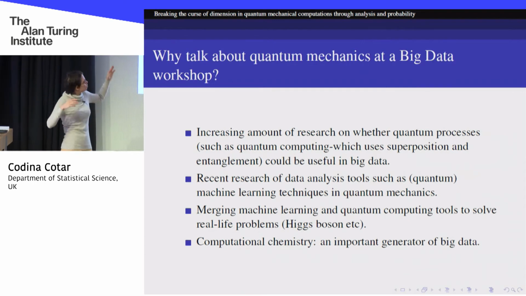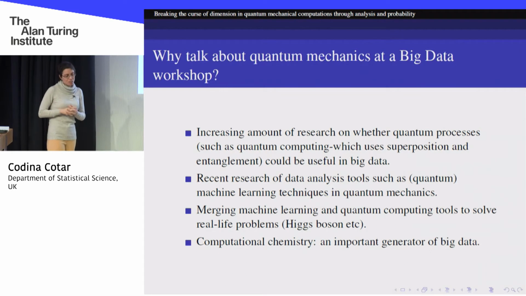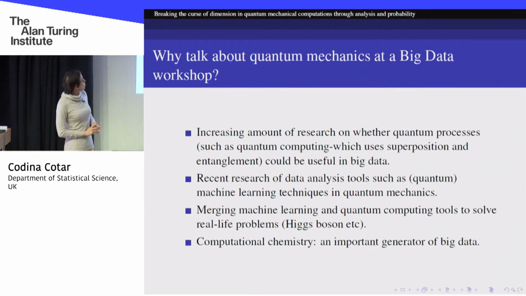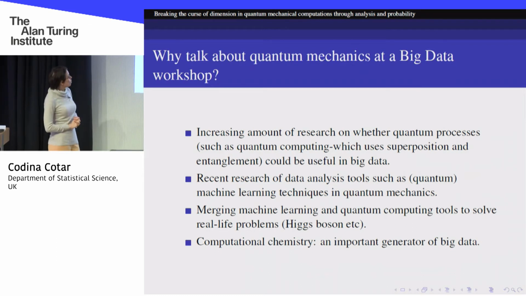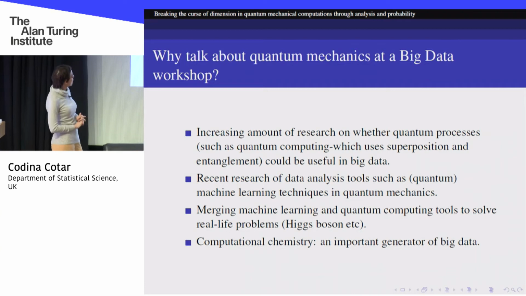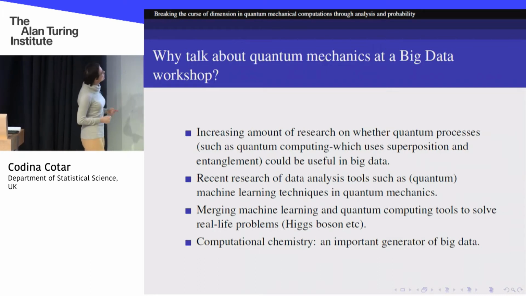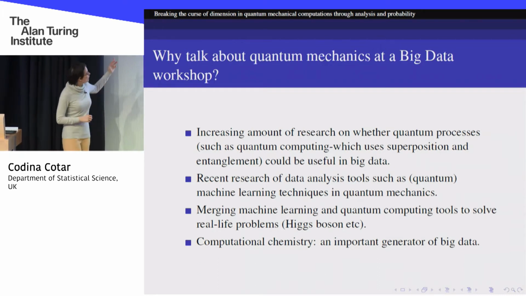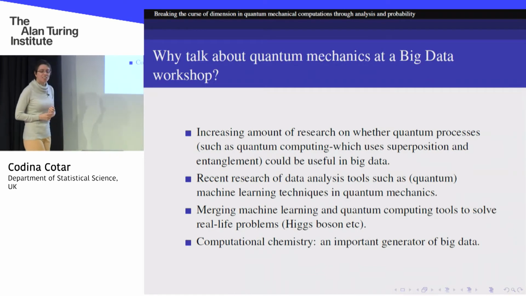As you will see a few slides later, there's quite a high computational cost in quantum mechanics, and machine learning techniques are starting to become quite useful and helpful in simplifying these computational costs and in obtaining more reliable results.